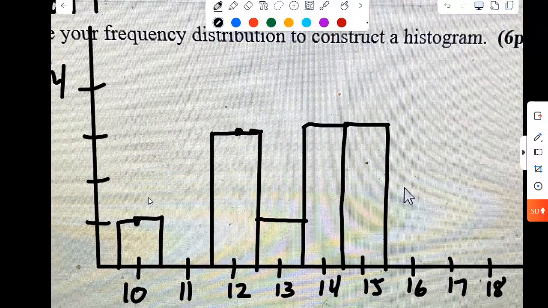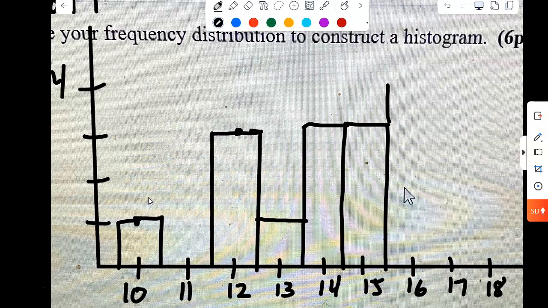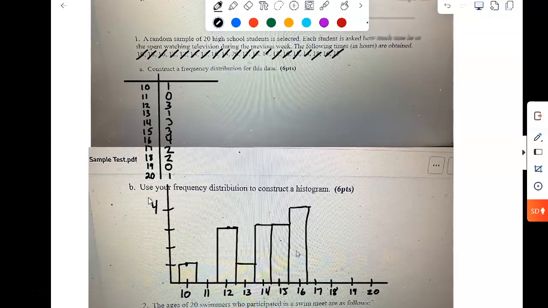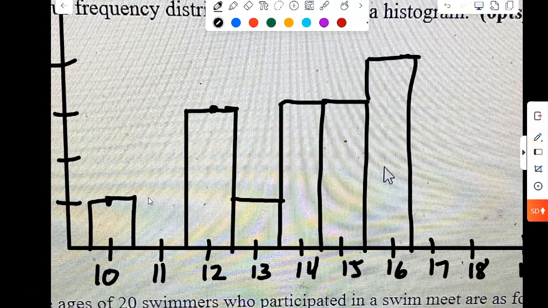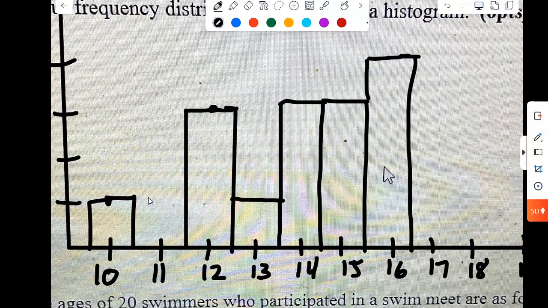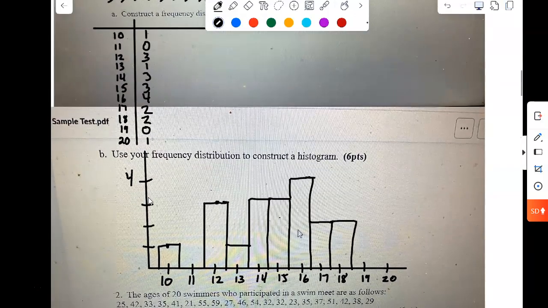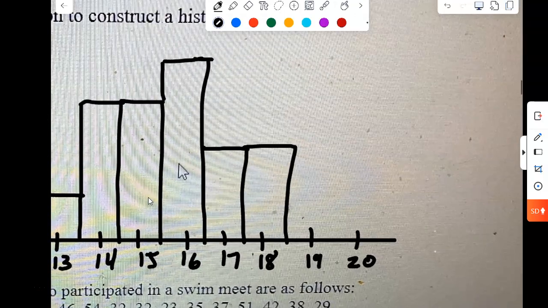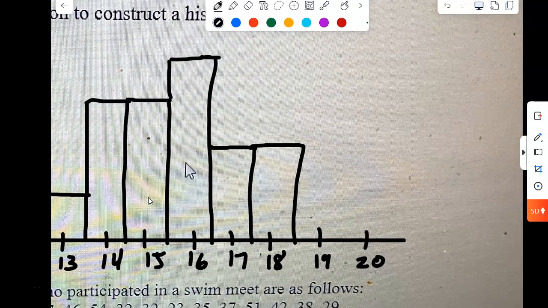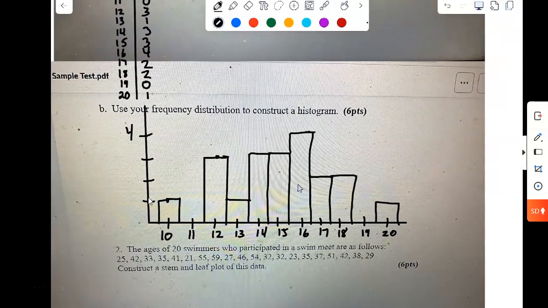So for 16, we would come all the way up to 4. 17 had a frequency of 2. 18 had a frequency of 2. 19 had a frequency of 0. And 20 has a frequency of 1. And so that would be our histogram there.